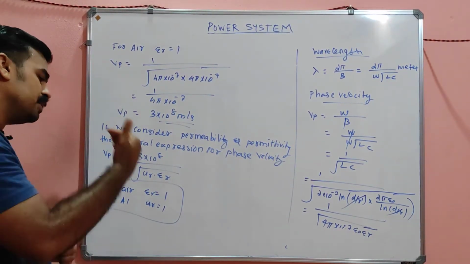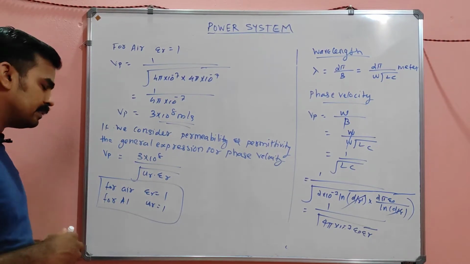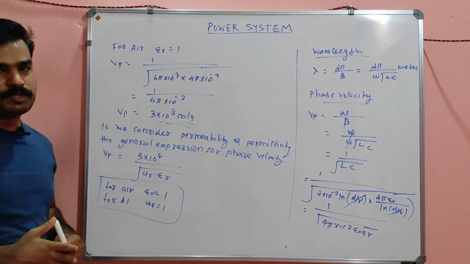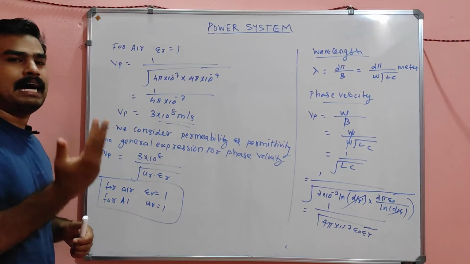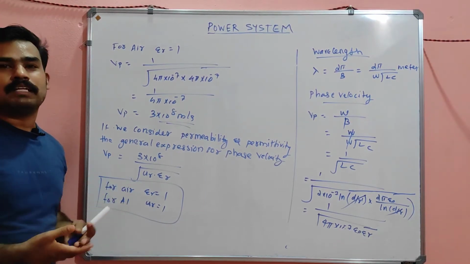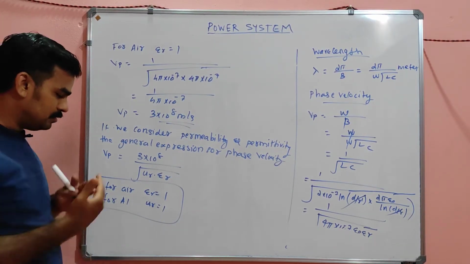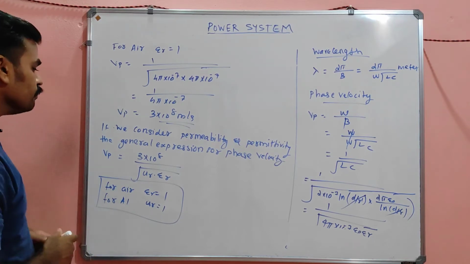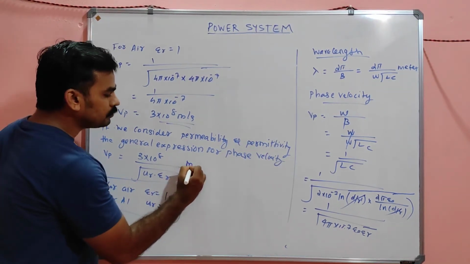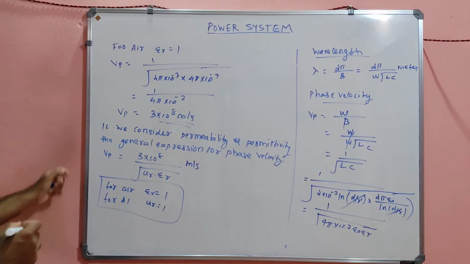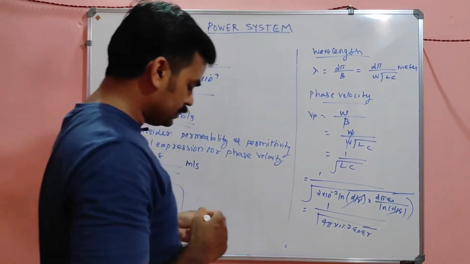That is the reason why we use aluminium instead of other conductors on overhead transmission. Of course, the cost of aluminium is less, which is the main reason, but this is one of the reasons. So this is the concept of phase velocity. Just note it down.